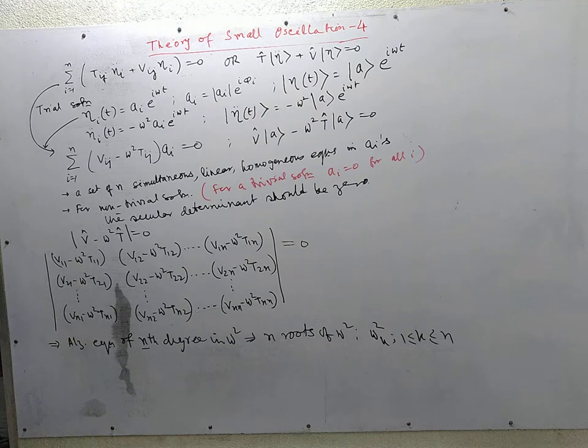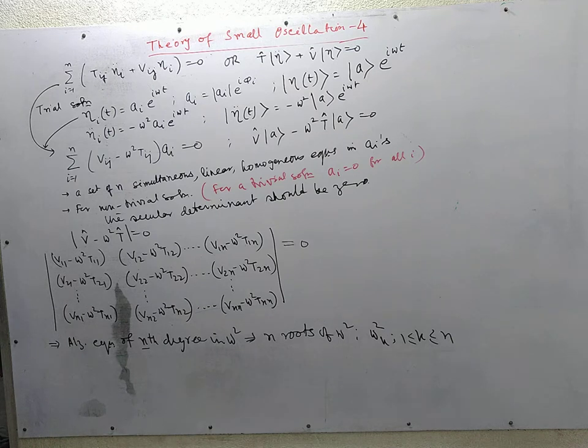If all the omega squares are different, we call it a non-degenerate case, and if two or more omegas have the same value, say omega 1 is equal to omega 5, then we call it a doubly degenerate case.